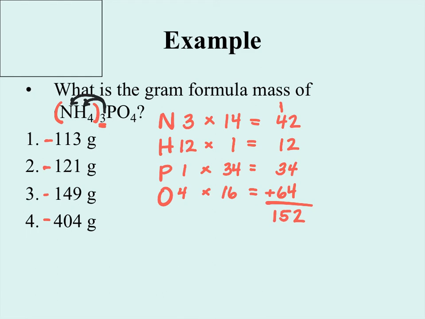So even though I added a little bit differently, and I think I might have put phosphorus wrong, because I'm not using my periodic table. Anyways, my answer here of 152 is obviously way closer to 149 than any of the other answer choices. So whoever wants to correct me in class about my mass of phosphorus, 5 points to Gryffindor for you.